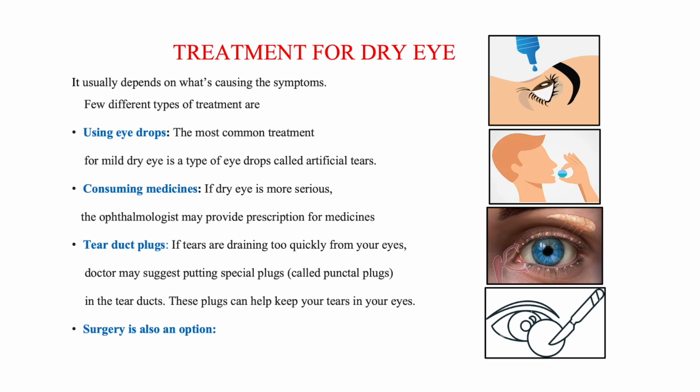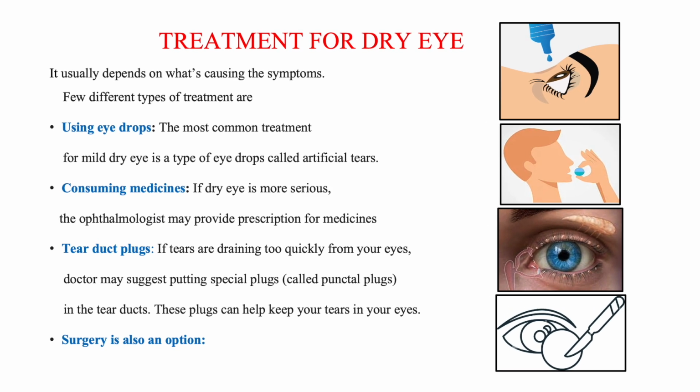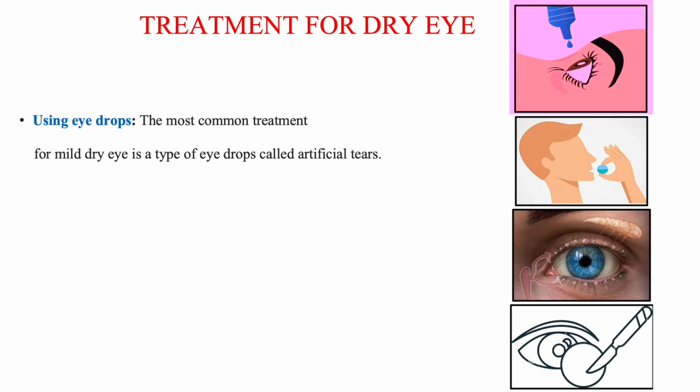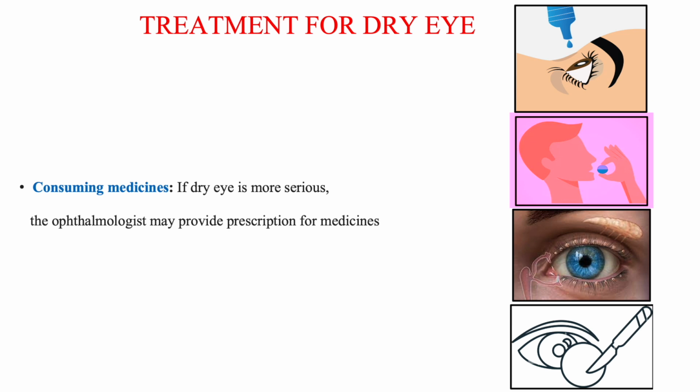What is the treatment for dry eye? Treatment for dry eye usually depends on the symptom. Some of them are using eye drops. The most common treatment for mild dry eye is a type of eye drops called artificial tears. Consuming medicines. If dry eye is more serious, the ophthalmologist may prescribe medicines.